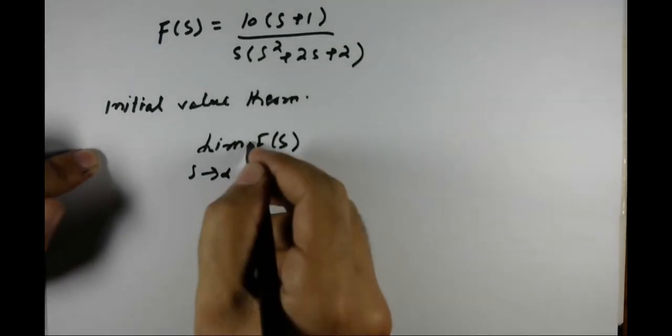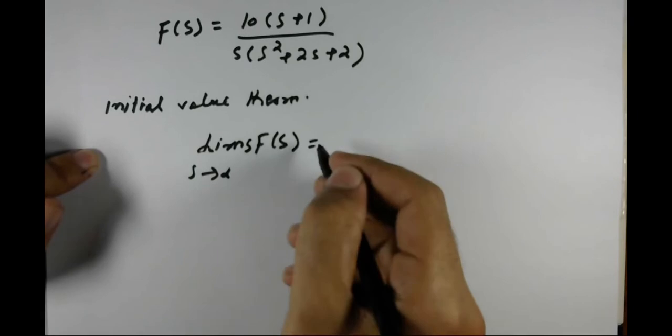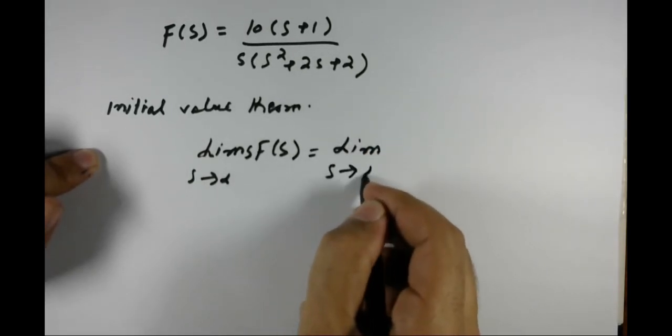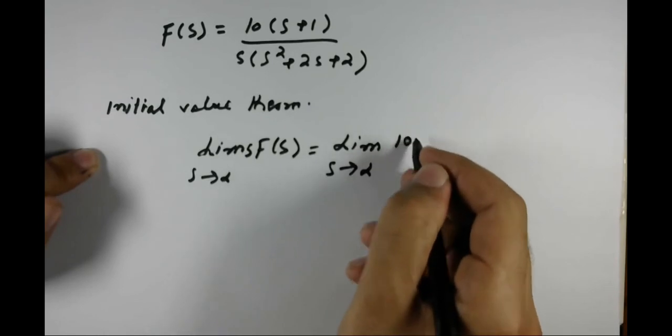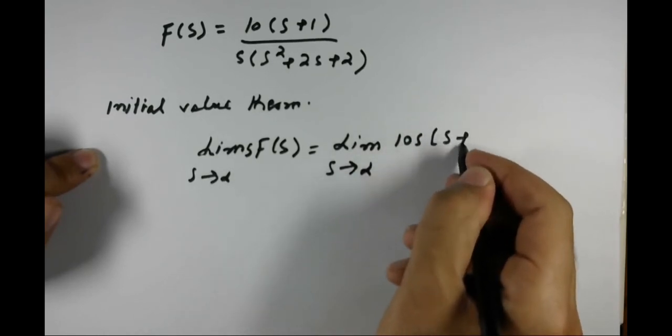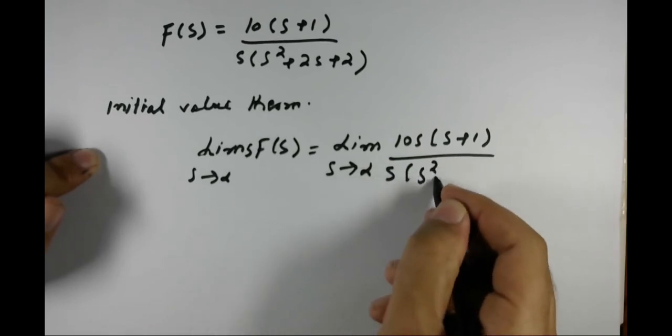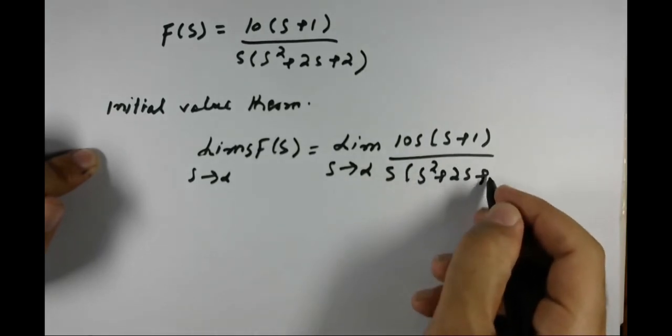So here we multiply s over here as well, and here limit s approaches to infinity 10s into s plus 1 divided by s into s square plus 2s plus 2.